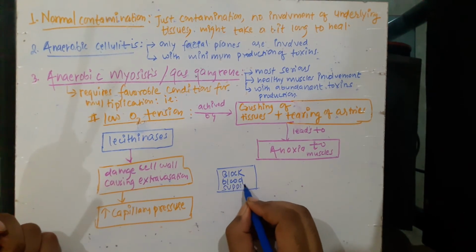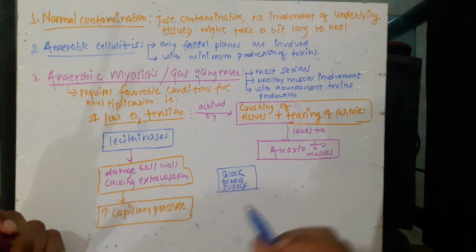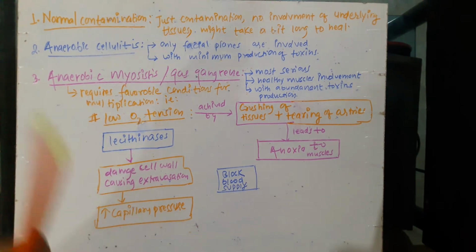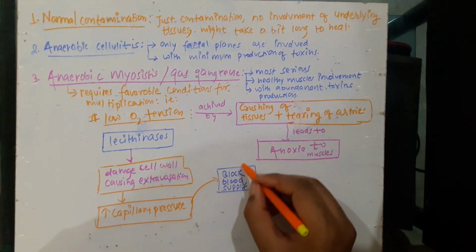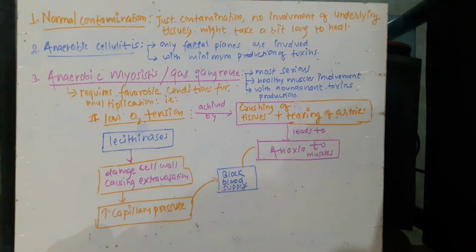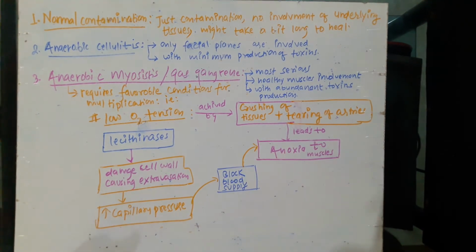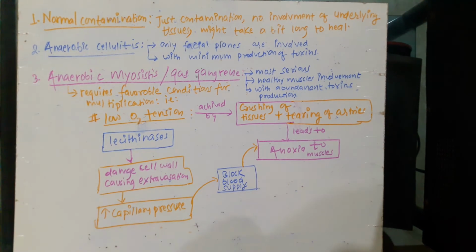And this blockage of the blood supply is further causing anoxia of the muscles, which is providing low oxygen tension.